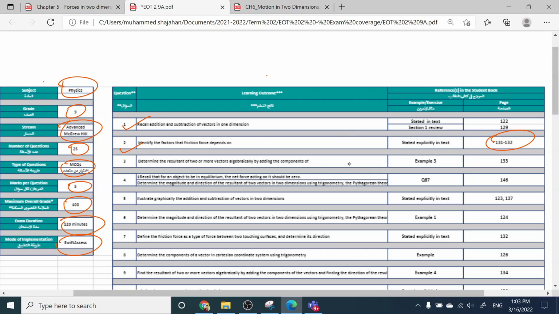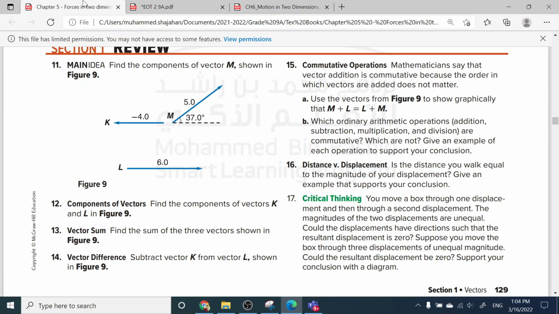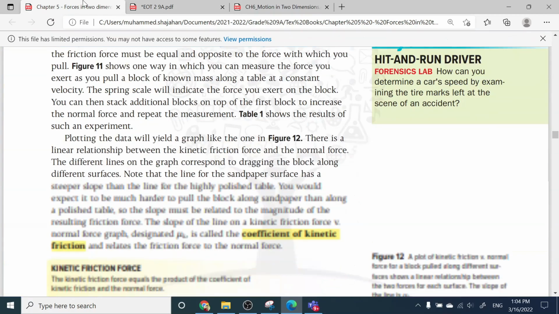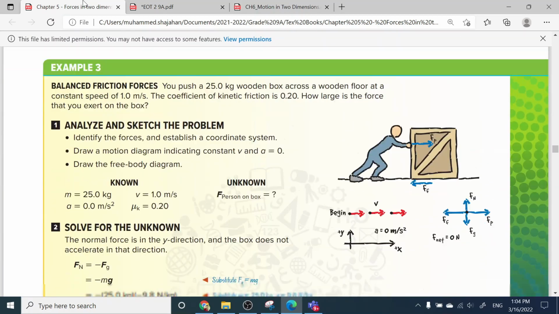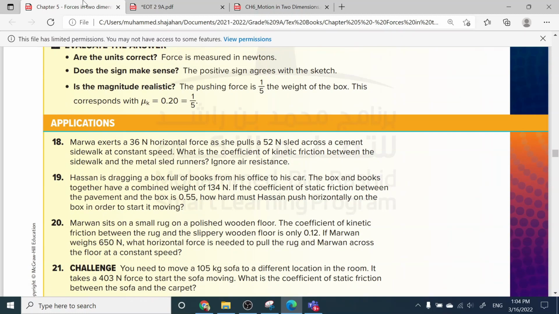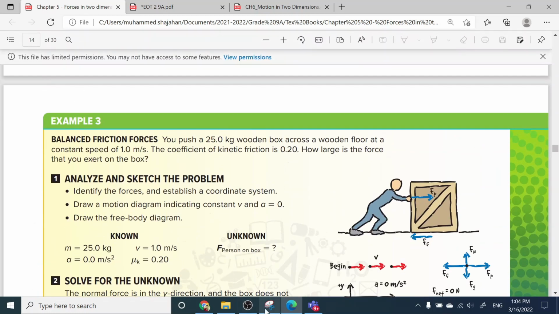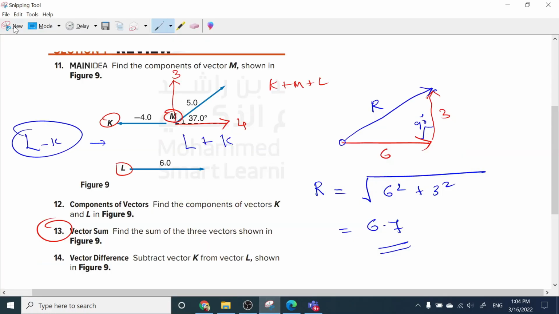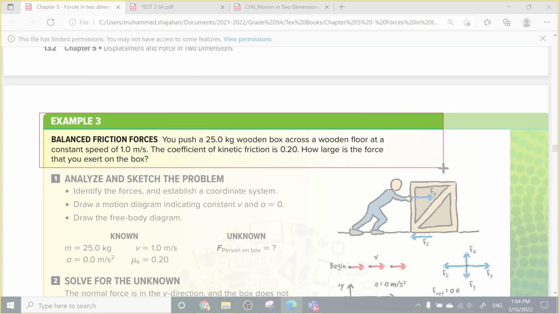So now we will discuss example 3 from page number 133. Now we will go to the page number 133 and we will discuss example 3 there. I think this is stat 1, yes. So here, page number 133, example 3.